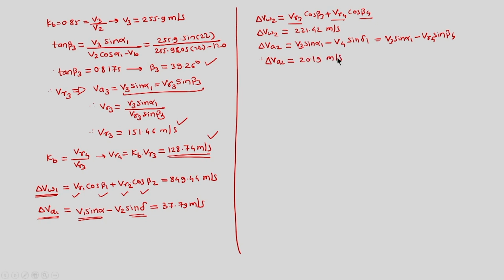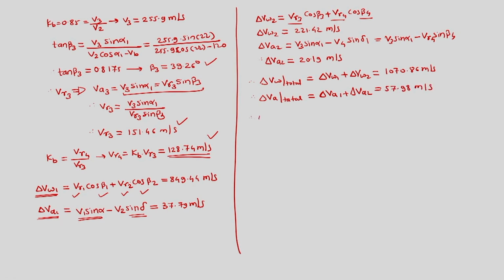20.19 meters per second. So delta VW total is equal to delta VW1 plus delta VW2, and we get it as 1070.86 meters per second, and delta VA total is equal to delta VA1 plus delta VA2, and that is 57.98 meters per second.